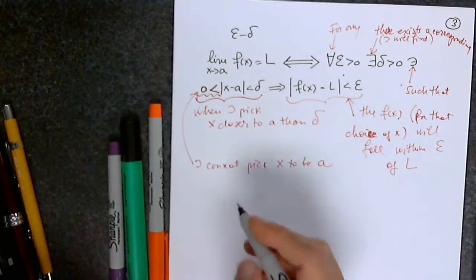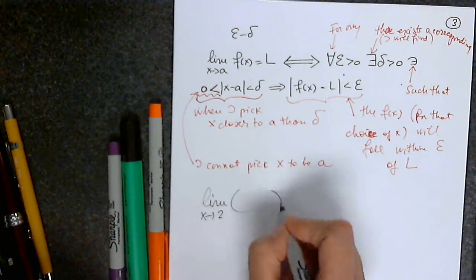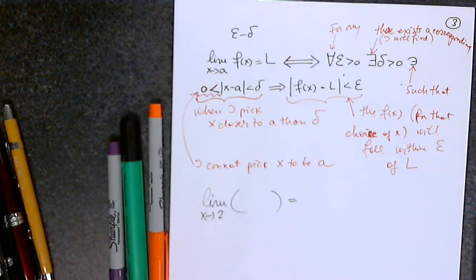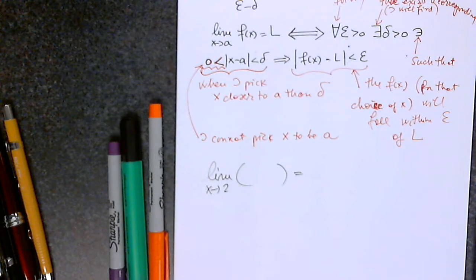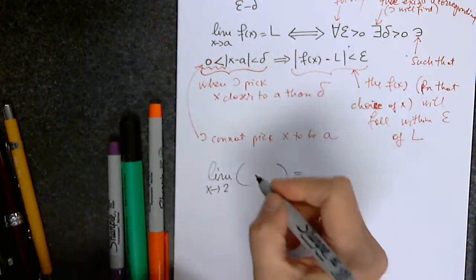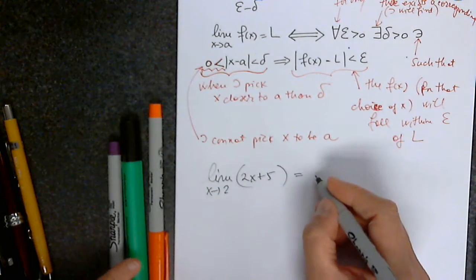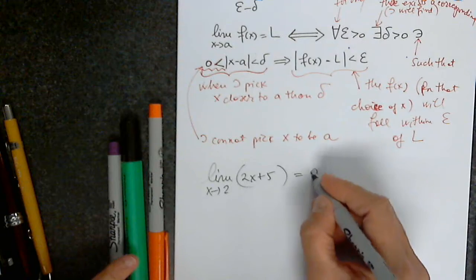Okay, so let's pick a linear function. Can anyone, let's say x approaches 2, give me a linear function, any linear function you can think of, and let's find the limit. And let's prove it using the epsilon delta definition. So, just like 2x plus 5. Okay, 2x plus 5, when x approaches 2, the limit is perfect.